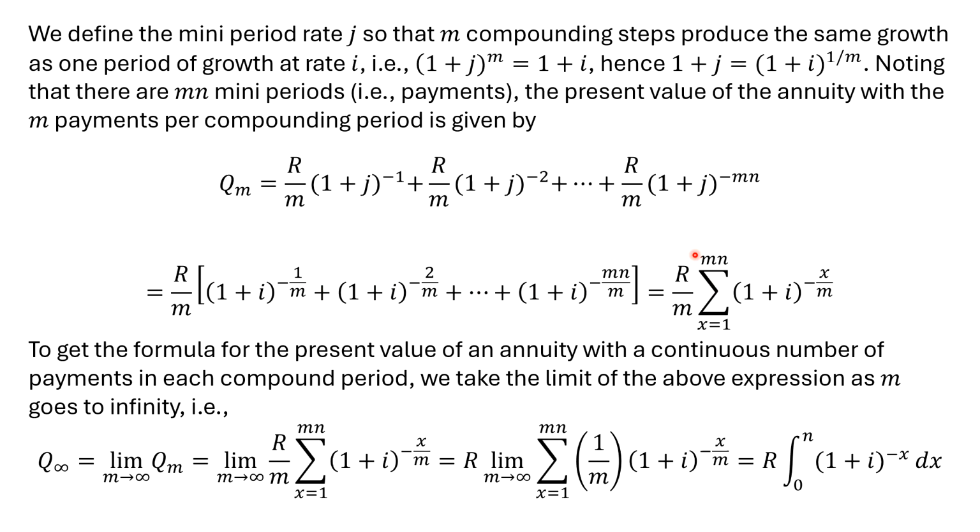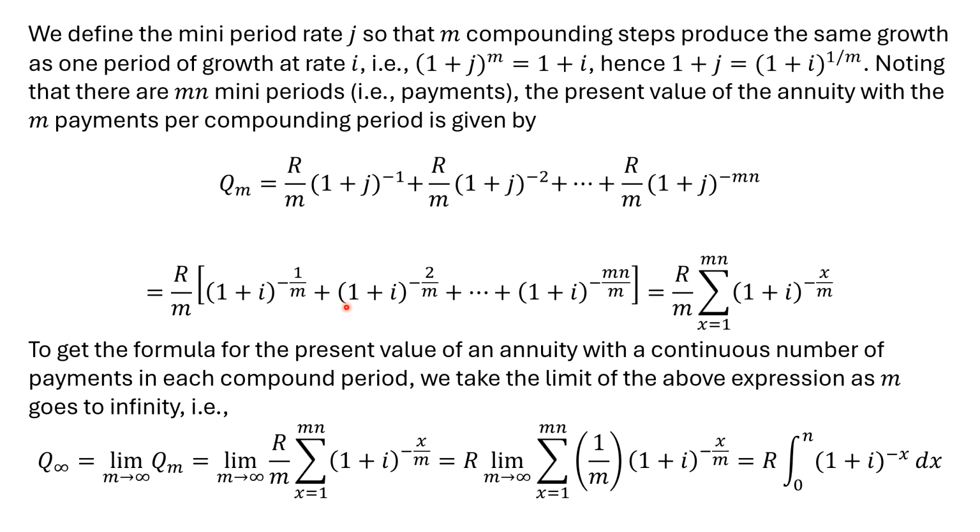And we can write this in terms of a summation. I use the index x, which goes from 1 to m times n. That's the number of terms we have here. And then each term has this form here where x is the thing being incremented. So to get the formula for the present value of an annuity with a continuous number of payments in each compound period, we take the limit of the above expression as m goes to infinity.